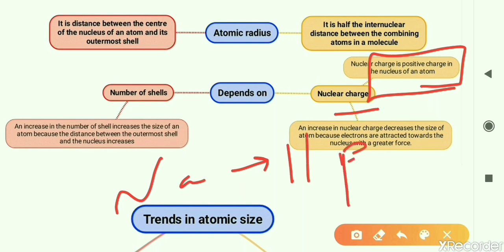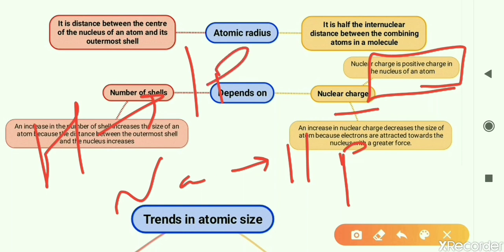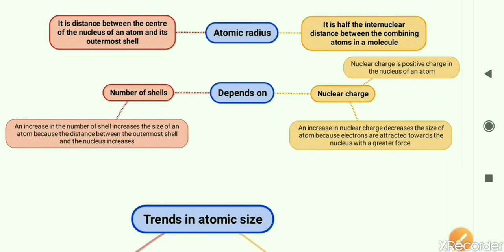Atomic number definition earlier already we have gone through. So if sodium is having 11 protons, that is the nuclear charge for that particular atom. Similarly for hydrogen, it is having 1 proton, so that will be its nuclear charge. So whatever is the positive charge is called the nuclear charge for that particular atom.